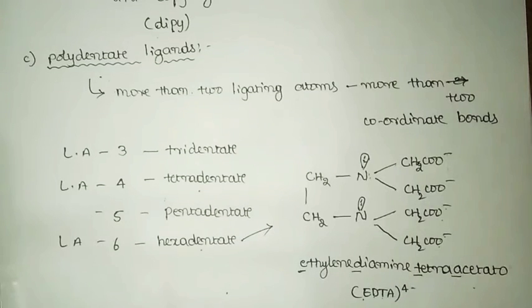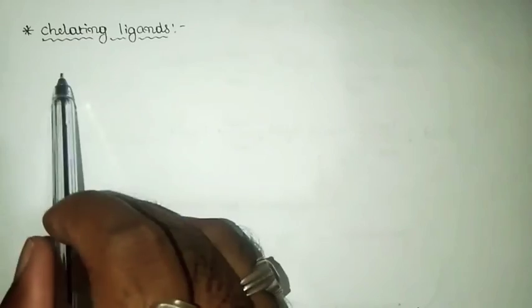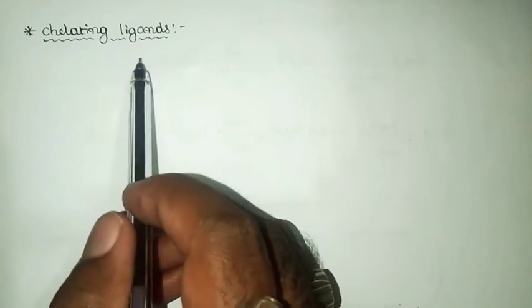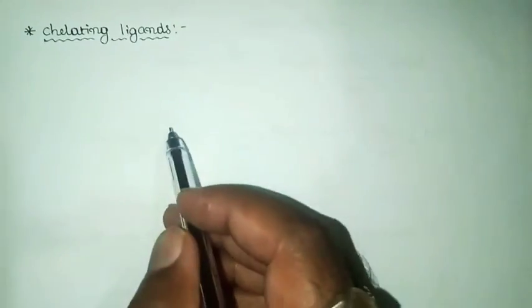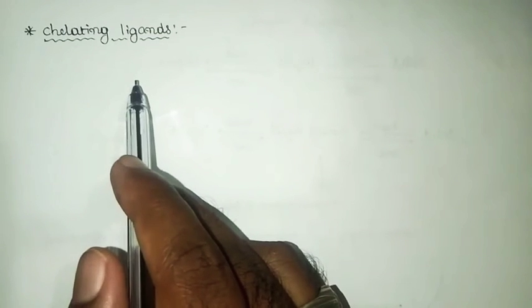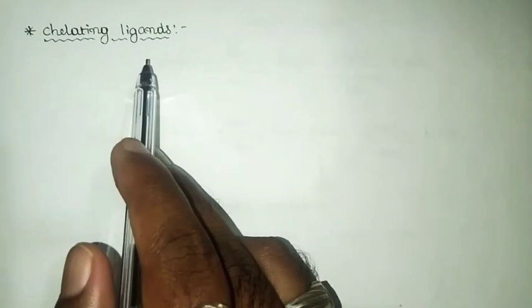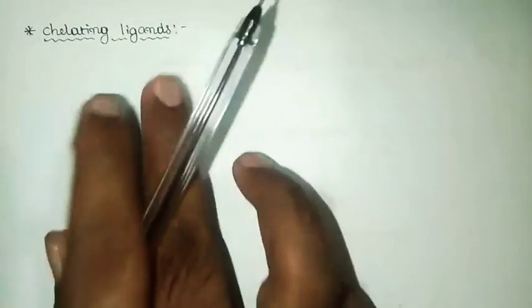Apart from all this, we have 2 special cases under ligands that we shall see now. The special case number 1 is chelating ligands. If you consider a coordination compound in which the ligands present are either bidentate or polydentate, that means there are 2 or more ligating atoms surrounded by the central metal ion.